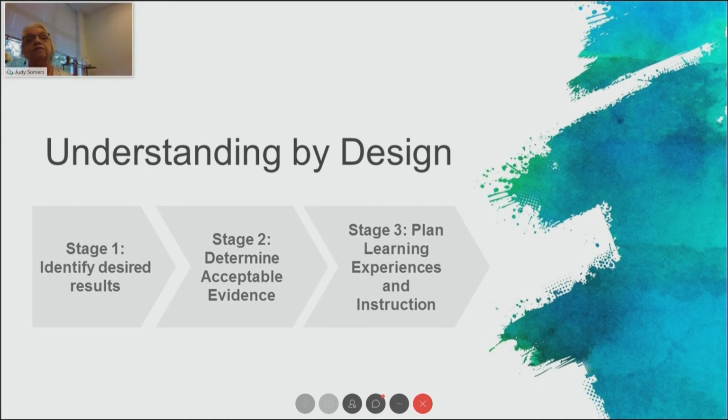Or the other side of that is, oh my gosh, I found this really cool activity that I think we're going to do. And I don't know where to fit it in. I don't know what it's going to accomplish, but they're going to have so much fun doing it. If it doesn't accomplish one of our objectives, if it doesn't give us evidence that they have learned something, that they're understanding in the process, then there's not a whole lot of point to it.